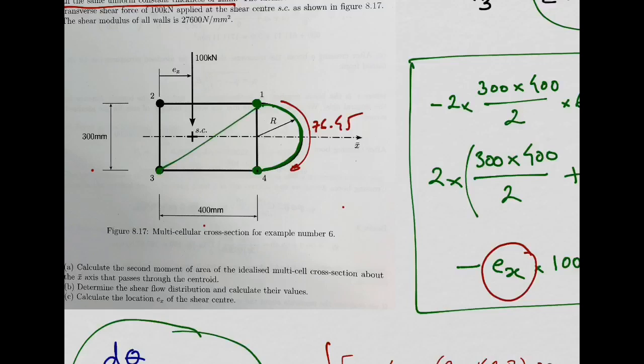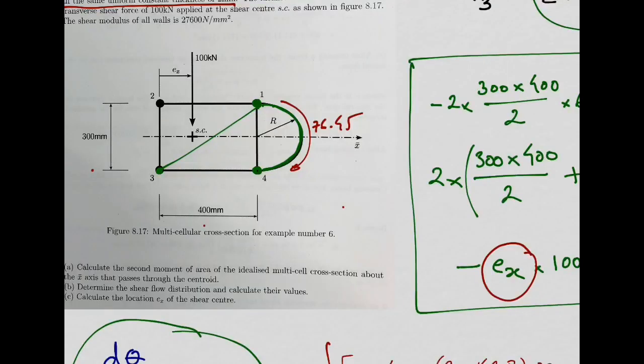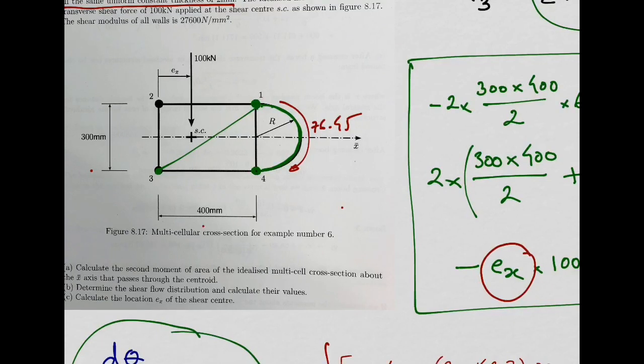So you connect these 3 booms, but here you need to be careful. For the area, you need to use this wall, and the wall where you have the shear flow is this one, not this one, and this other wall. So that's why you need this total area here, right?